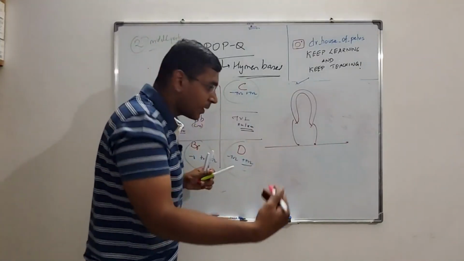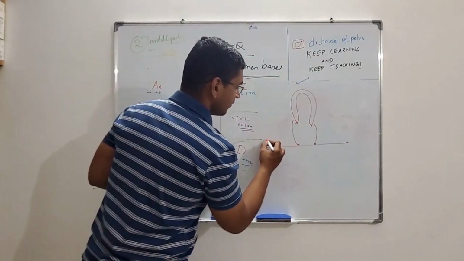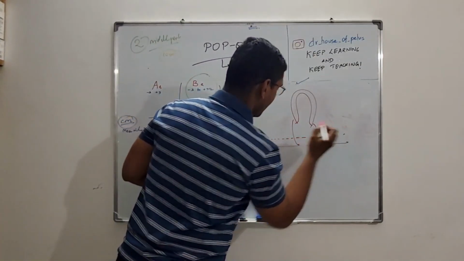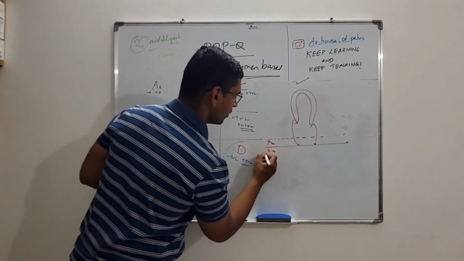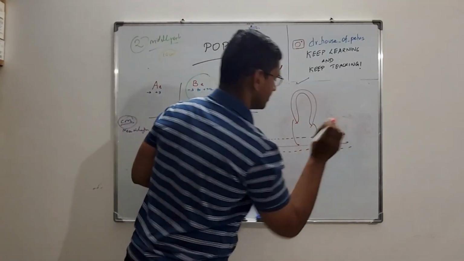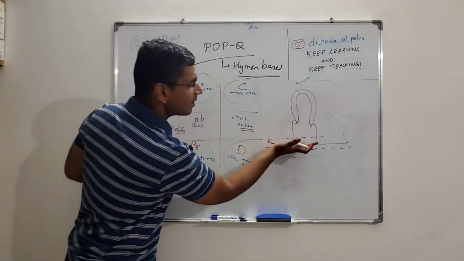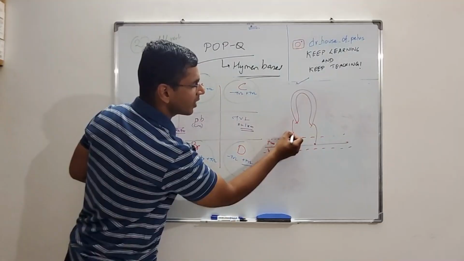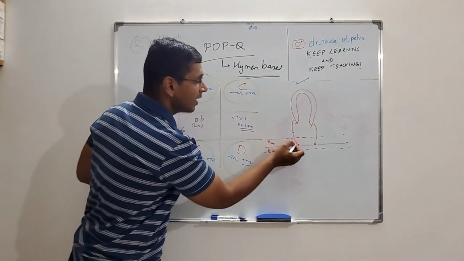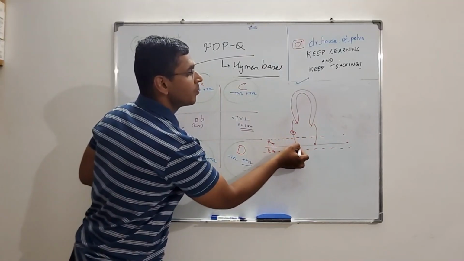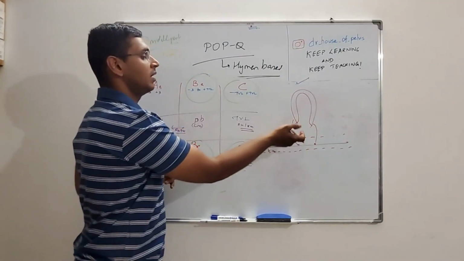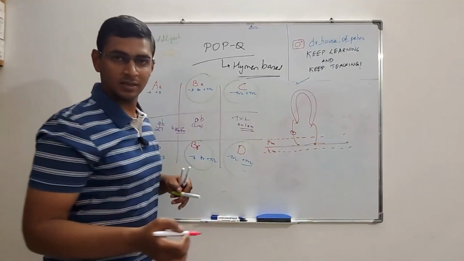See, we have an imaginary line that is drawn 1 centimeter above and 1 centimeter below the level of hymenal axis. Okay, so for example the point BA is here, that is the most dependent point, and it is more than 1 centimeter proximal to the external hymenal meatus or external hymenal ring.